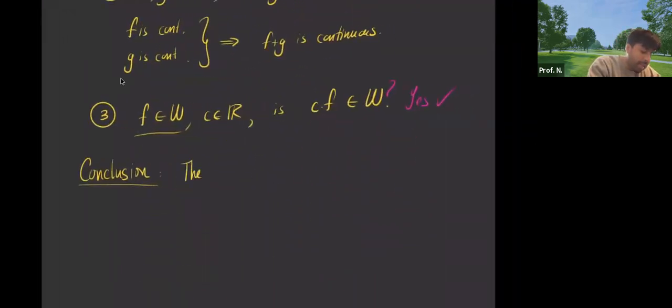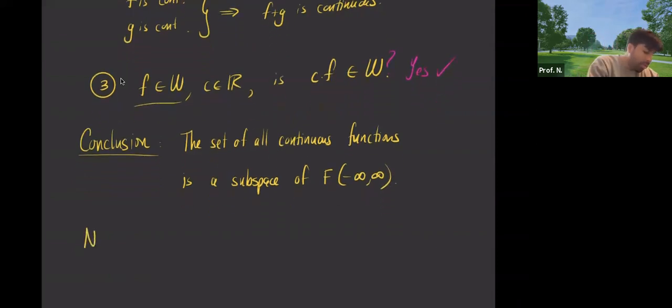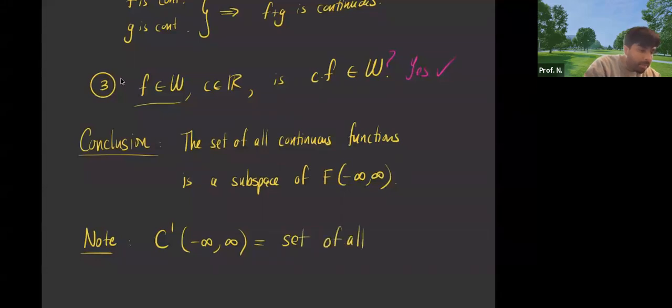So the set of all continuous functions, which in this case was W, is a subspace of F, which is the space of all functions defined on negative infinity to infinity. And note that, oh no, just C, sorry. C is the set of all continuous functions.